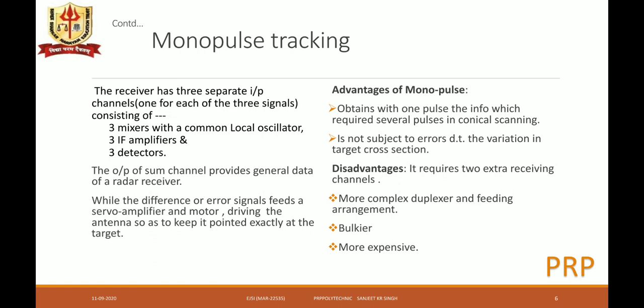The disadvantages include that we require two extra receiving channels, which means additional cost and expense, and designing the monopulse antenna is complex. The duplexer and feeding arrangement make it more complex, bulkier and heavier.